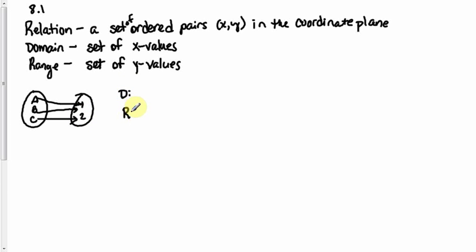I usually just abbreviate them with capital D and capital R and then a colon. So your domain is the set of first values. If it's not in XY form, which this clearly is not in XY form, you have first and second, okay? So this is your set of first values. So your domain is A, B, C. And we usually put them in braces, A, comma, B, comma, C. And the range is 1, 2.